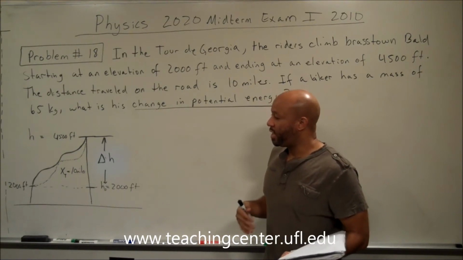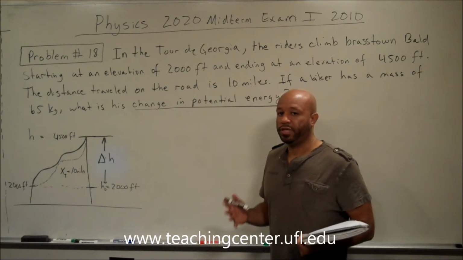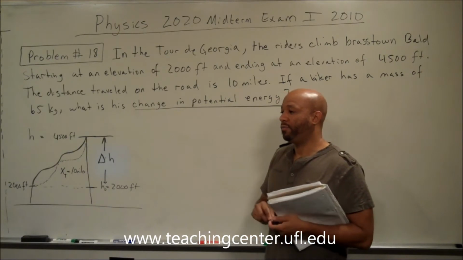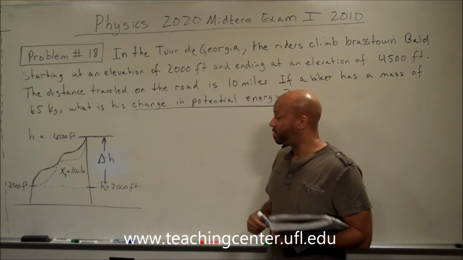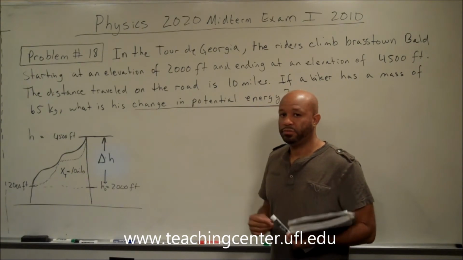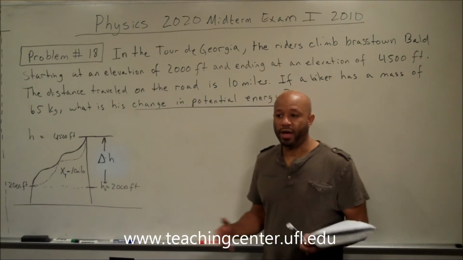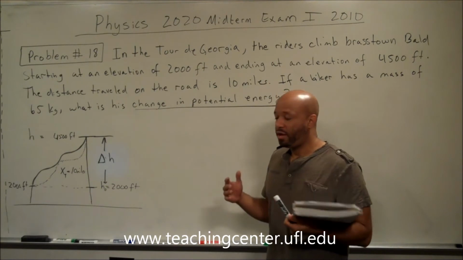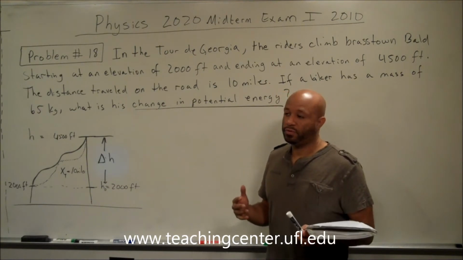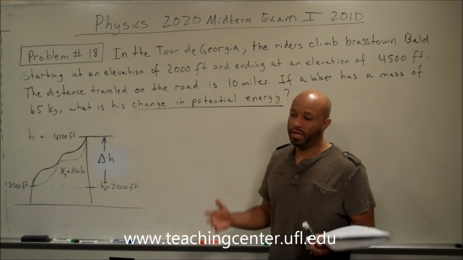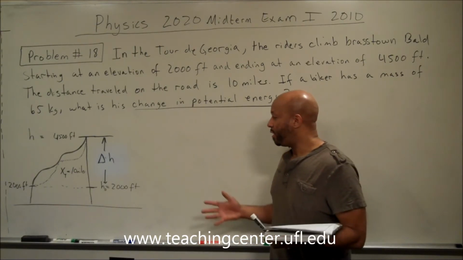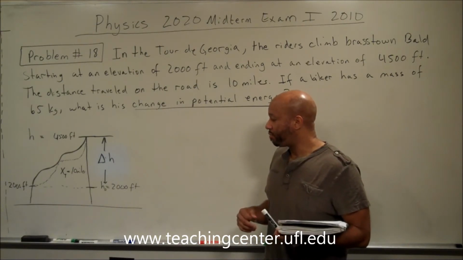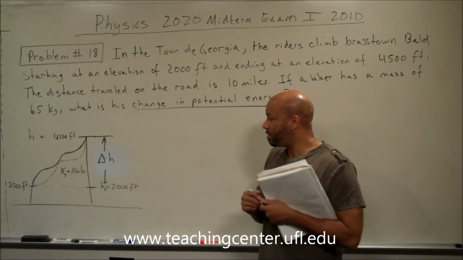One of the things this problem is trying to get you to understand is that potential energy is a state function. A state function means that it's independent of path. There are a lot of different types of energy: kinetic energy, heat energy, potential energy.